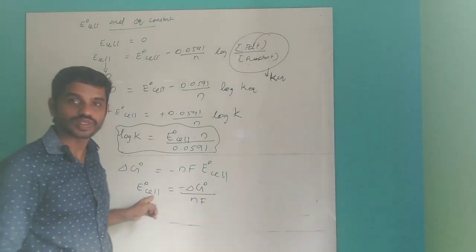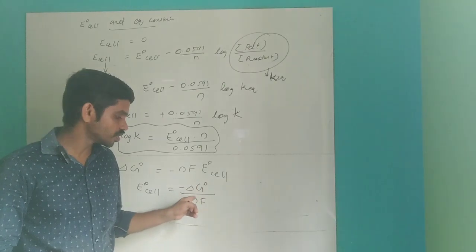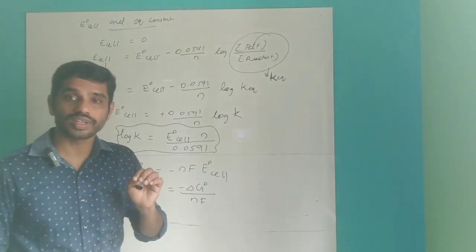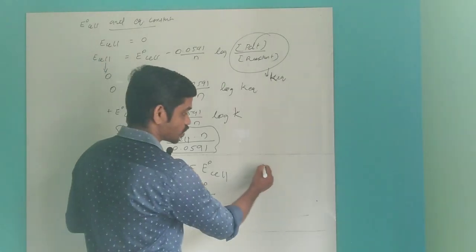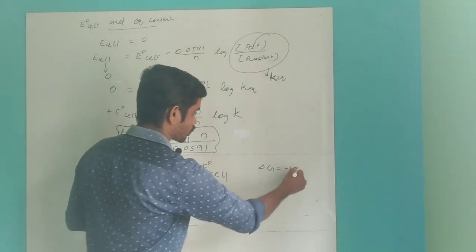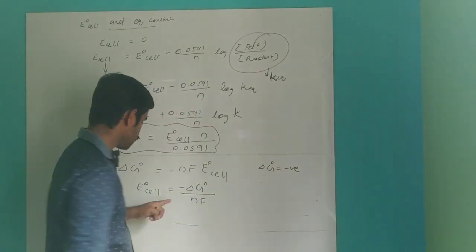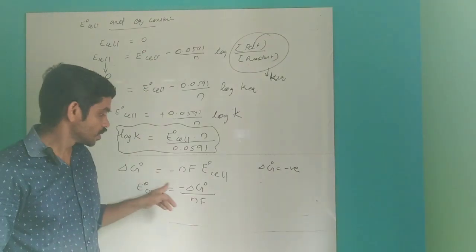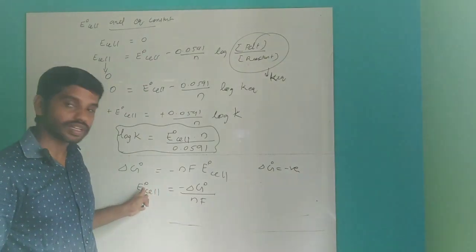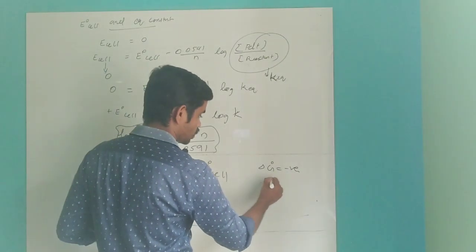So E0 cell is equal to minus delta G0 divided by nF. We know that for a spontaneous reaction, delta G should be negative. Delta G0 is negative, so E0 cell is positive.